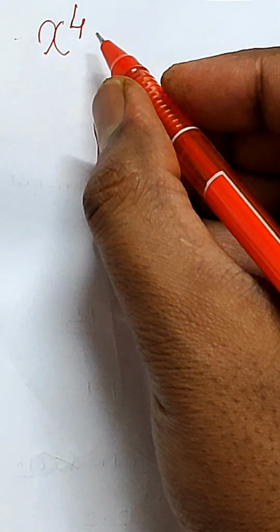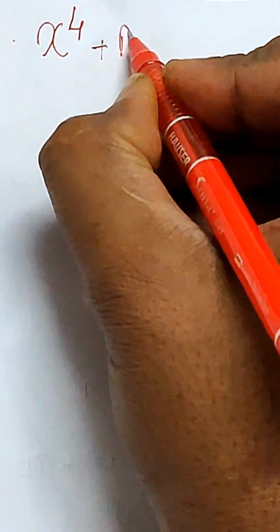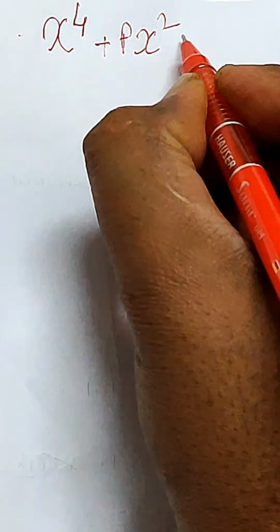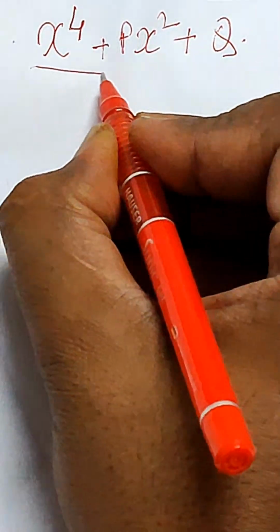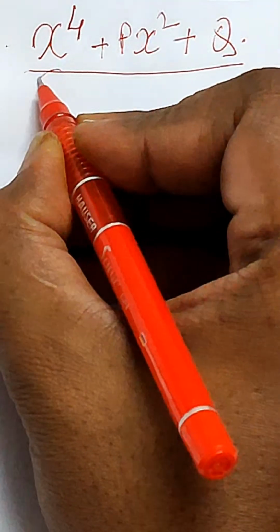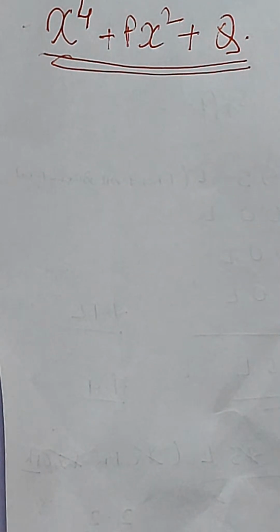The degree of this polynomial is 4. This is the polynomial given to you, and it's given that x square plus 2x plus 5 is a factor of this polynomial.